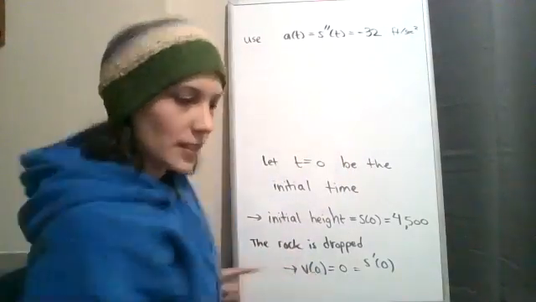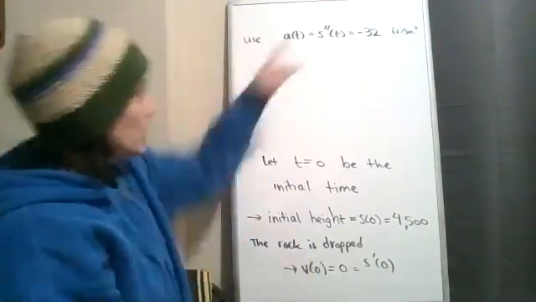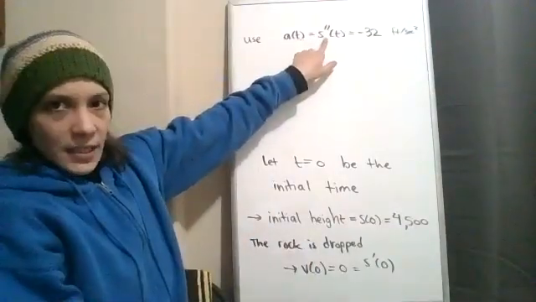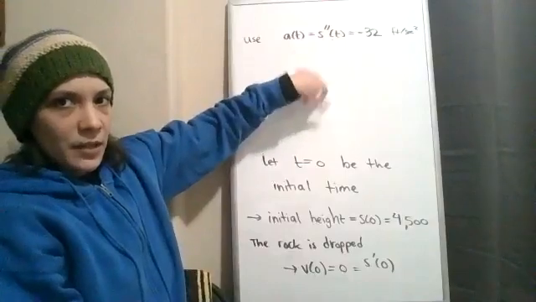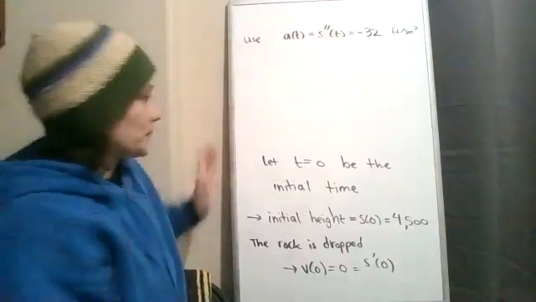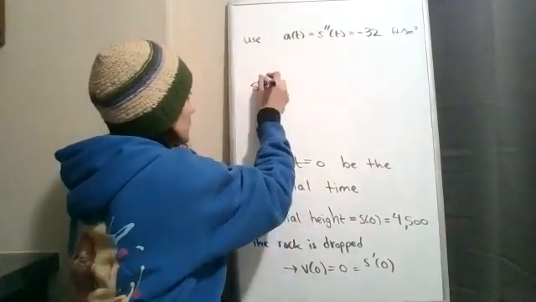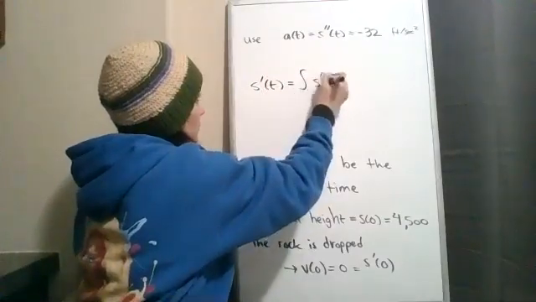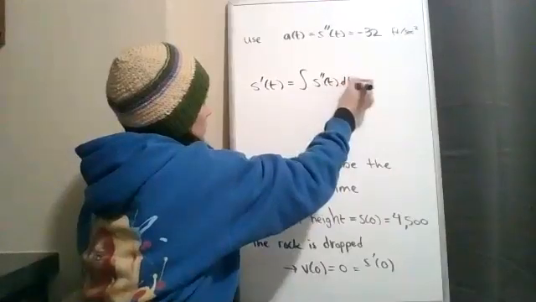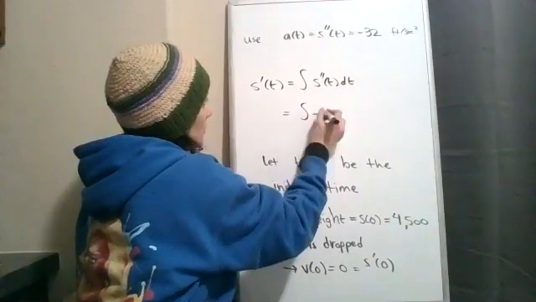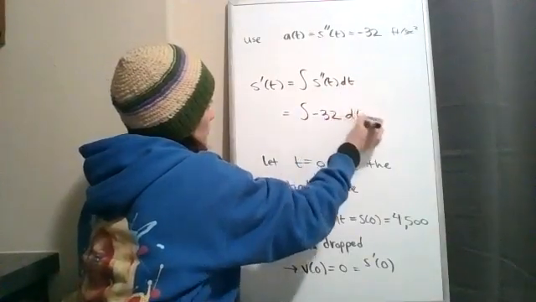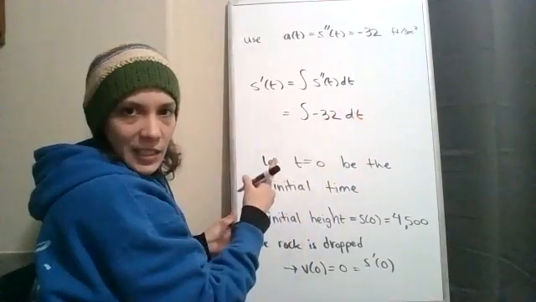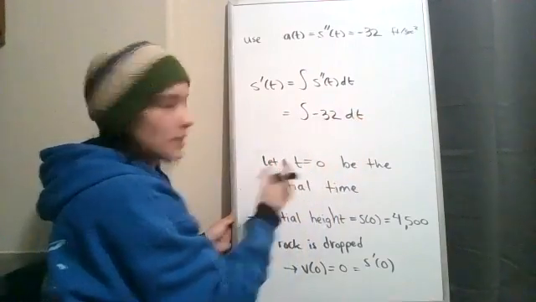So I've got that we want to take the integral of s double prime of t, and that'll give us a function for s prime of t: negative 32t plus c.